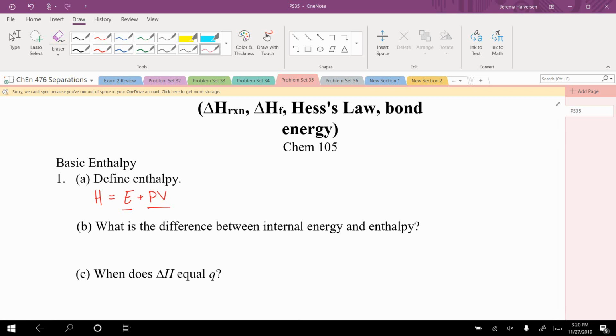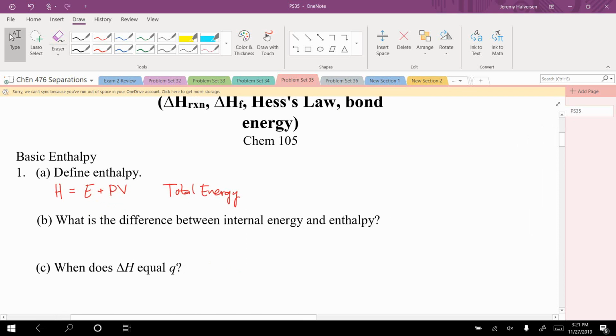So the energy required to maintain that pushing of the surroundings away, that's what this PV accounts for. So that's what enthalpy is: the total energy, which is the internal energy, E, and then that pressure and volume factor that gets added on there.